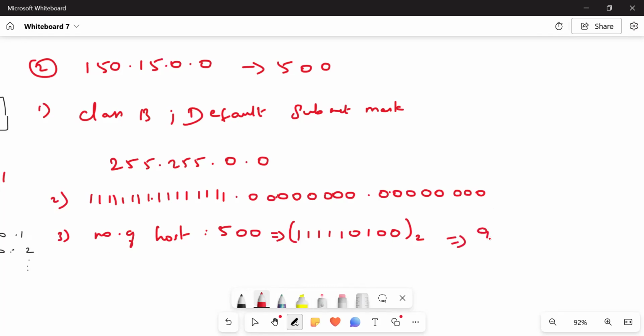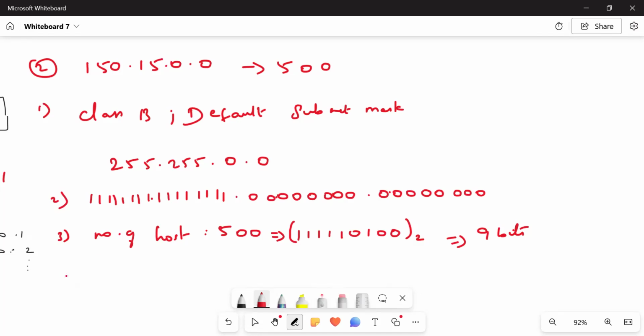Totally it is 9 bits. Okay. So what is our subnet generator? Before that, we need to write the new subnet mask, right? So we need to reserve 9 bits.